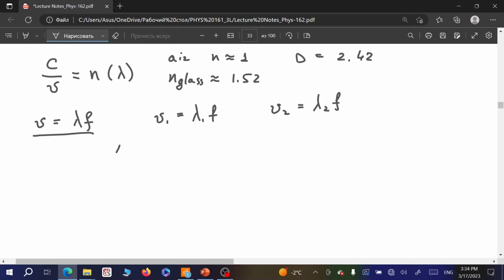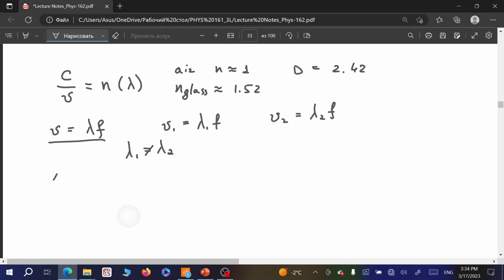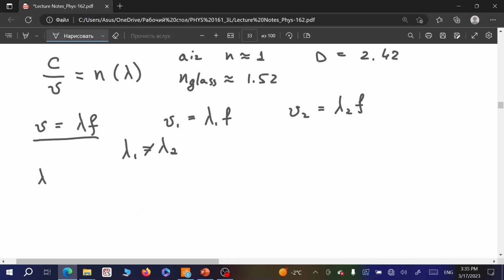Frequency is the same, however lambda 1 is not equal to lambda 2. And the ratio lambda 1 over lambda 2 will be V1 to V2. That is c over n1 divided by c over n2, and that is n2 over n1.